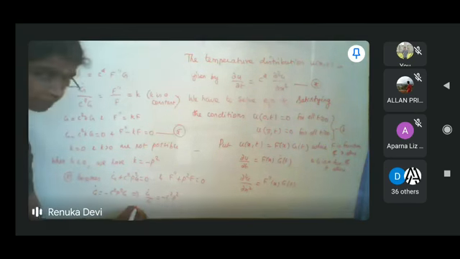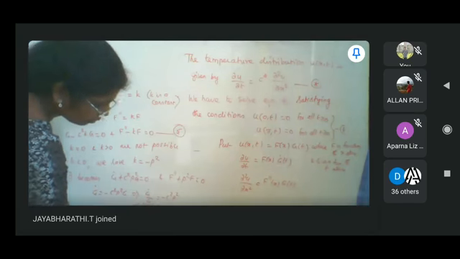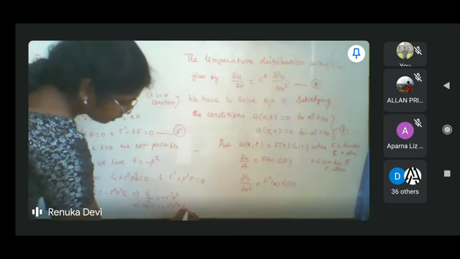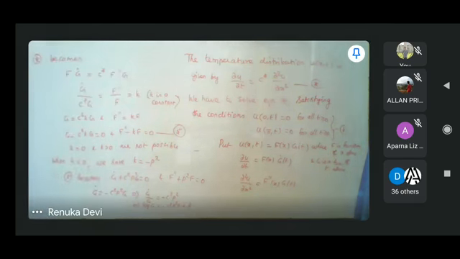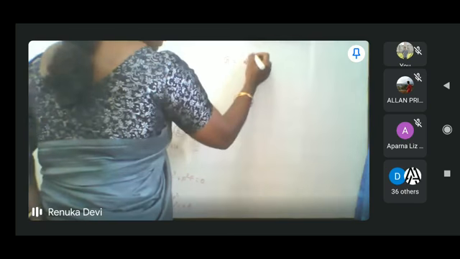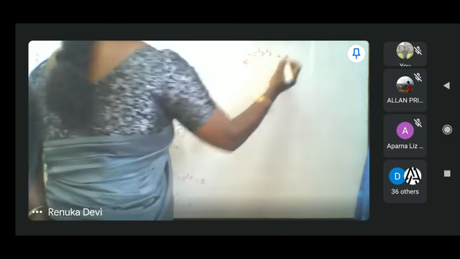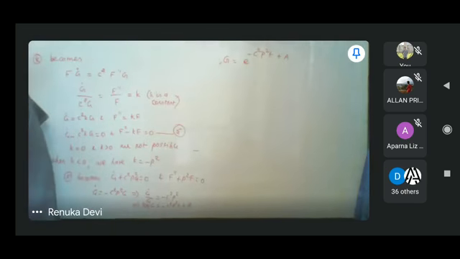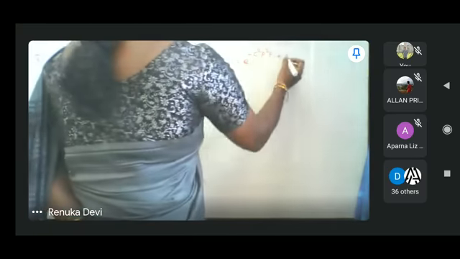That implies log g equal to minus c square p square t plus an integrating constant, so I will take a. Then g equals e raised to minus c square p square t plus a.